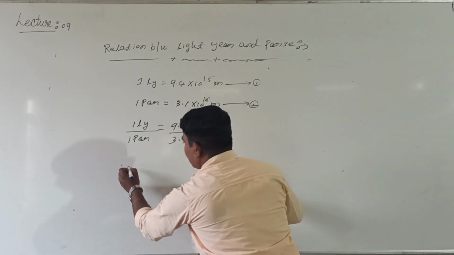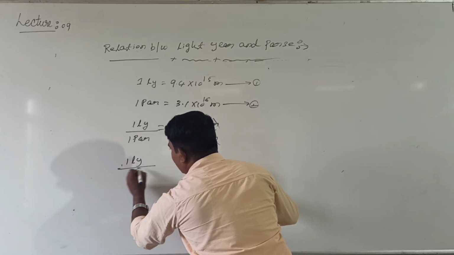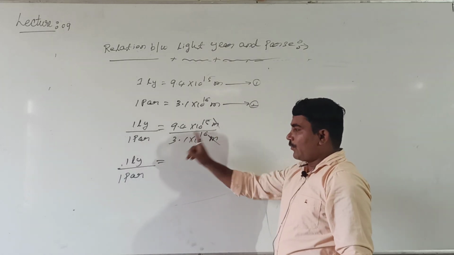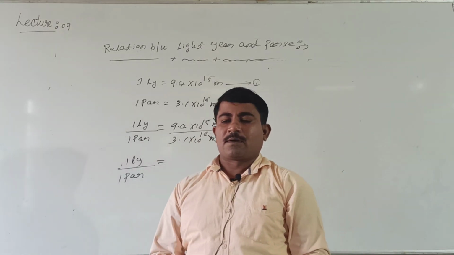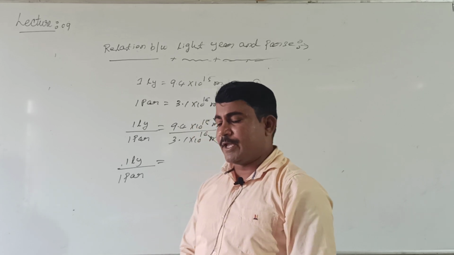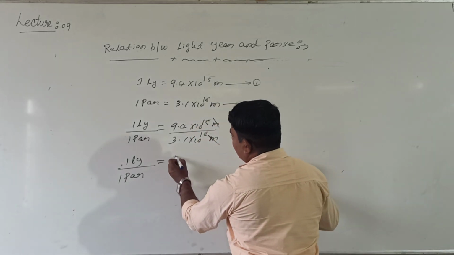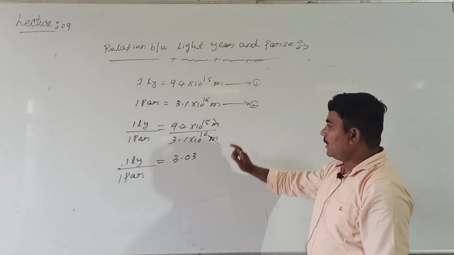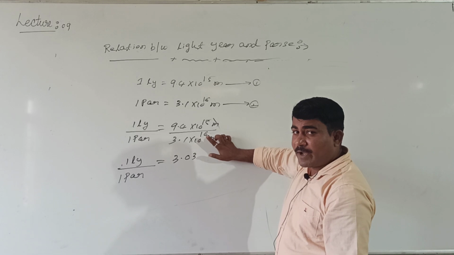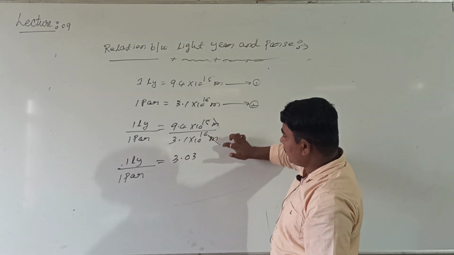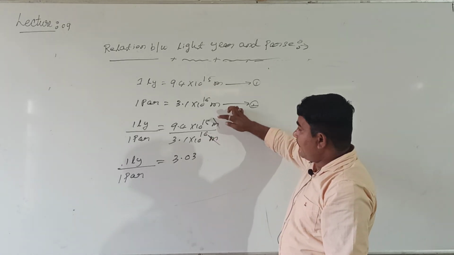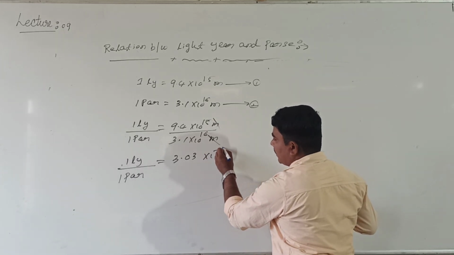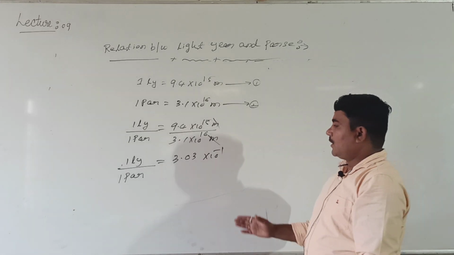Then what is remaining? 9.4 divided by 3.1 equals 3.03. Plus 15 divided by plus 16, plus 16 goes upside, minus 16. Plus 15 minus 16, how much is this? 10 raised to minus 1.